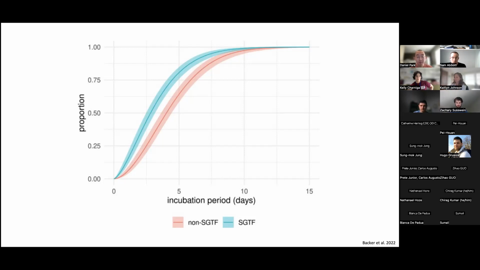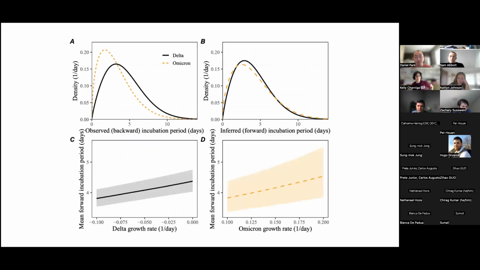I'm going to skip the slide on how I did the calculations. During this period, Omicron is increasing and Delta is decreasing, meaning that you're going to see a shorter incubation period for Omicron and a longer incubation period for Delta. When you take that into account, A is the same observed distribution, and B is the corrected distribution, in which case we get very similar looking incubation periods.